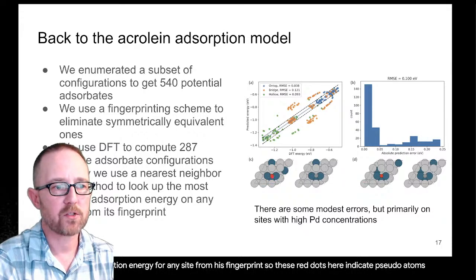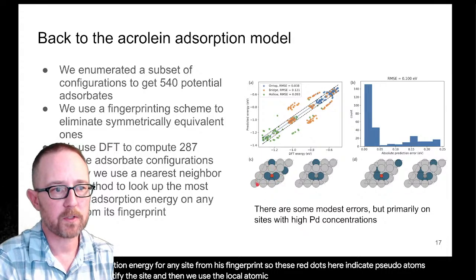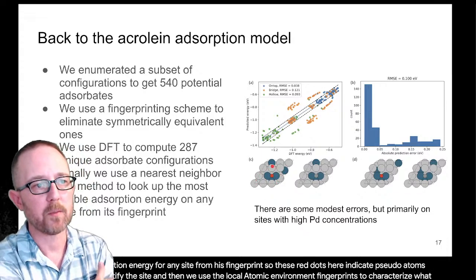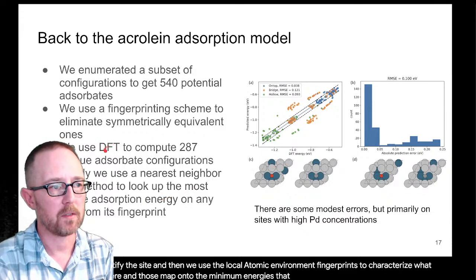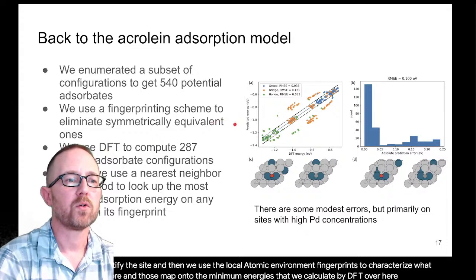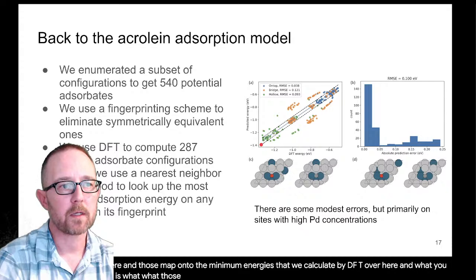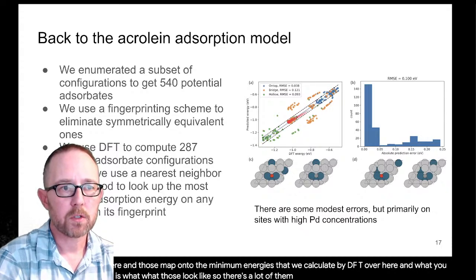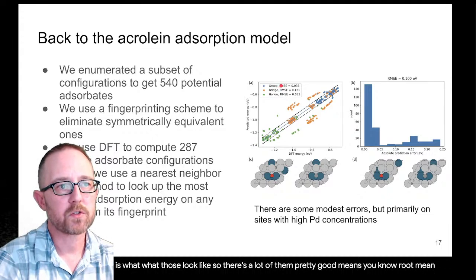So these red dots here indicate pseudo-atoms, where we use that to identify the site. And then we use the local atomic environment fingerprints to characterize what local environments are there. And those map onto the minimum energies that we calculate by DFT over here. And what you can see in this parity plot is what those look like. So there's a lot of them that are pretty good along here, and pretty good means root mean squared errors are not too bad.